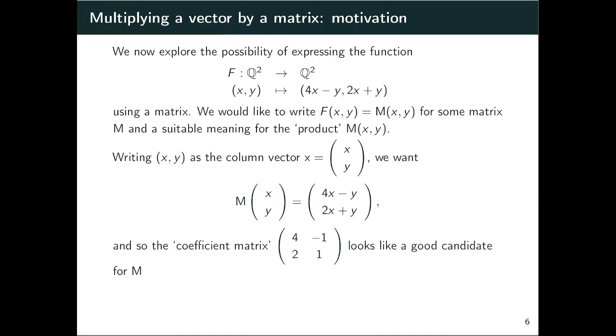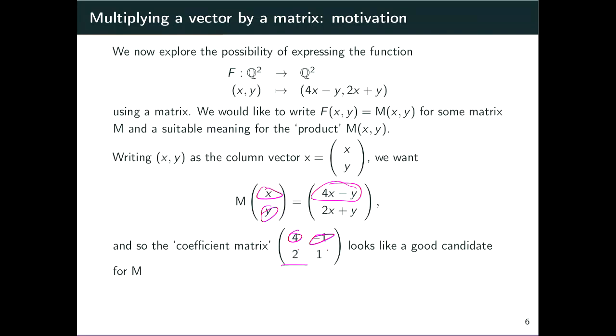And I'm going to just say that maybe this matrix here looks like a good candidate. The reason why is when we define our matrix multiplication, this 4 is going to multiply with the x, and this minus 1 is going to multiply with the y, and then you sum them together, and that's going to go into that position here.